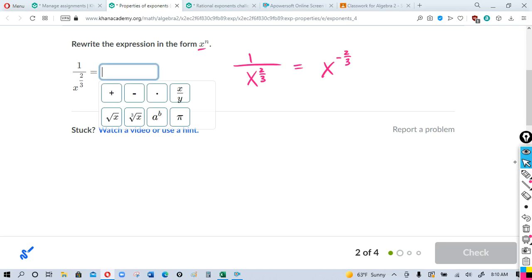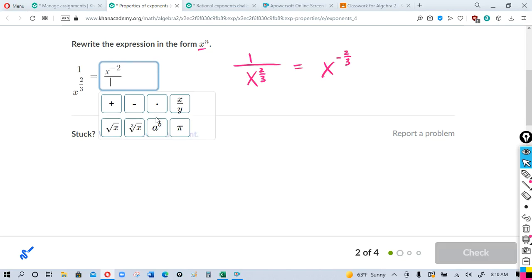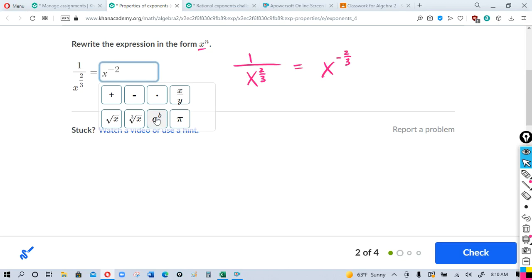So in the box, type the x, and then click this button right here for exponent, and I'm going to type negative 2 slash, whoops, that doesn't work. Let's do the exponent again. You click this for the exponent, and I'm going to type negative 2, and then hit the fraction button.